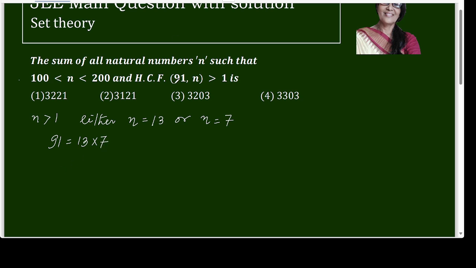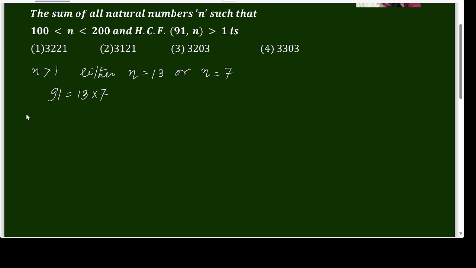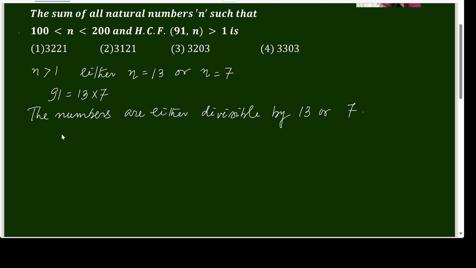So you have to find the sum of all the numbers that are divisible by either 13 or 7, and they should be between 100 and 200.